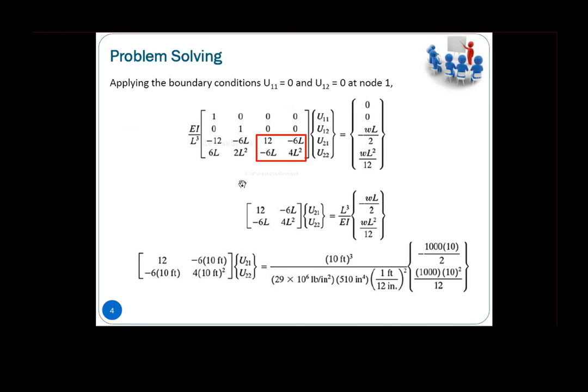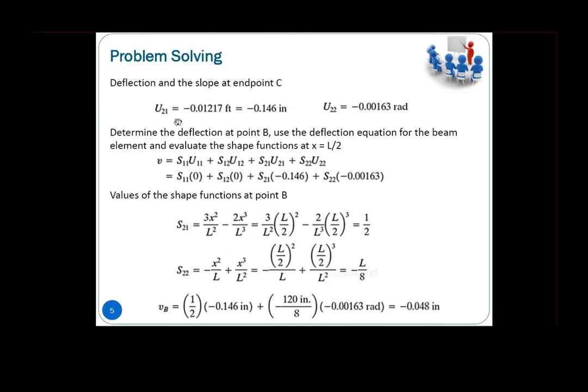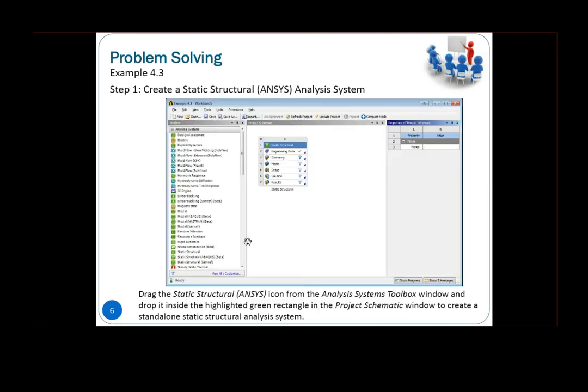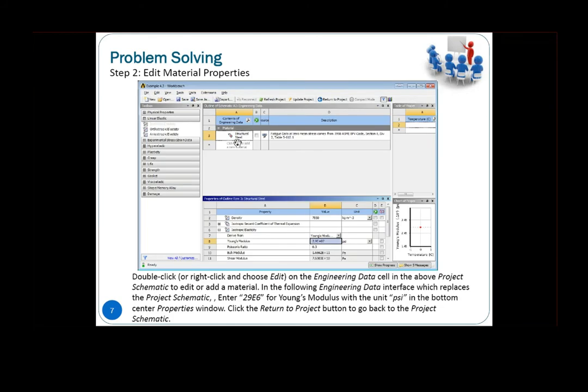So if you look into this, that is how we calculate that. We get our U21 as negative 0.146, negative 0.00163, right? And our notes itself. So we revisit using ANSYS Workbench, the same procedures. So you have a structure still.